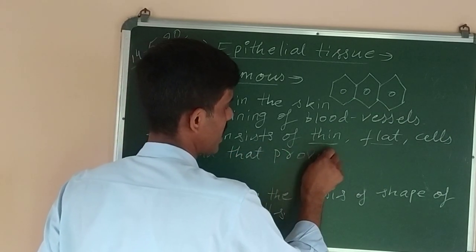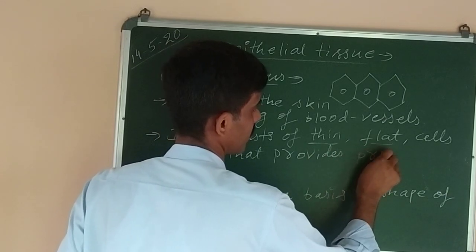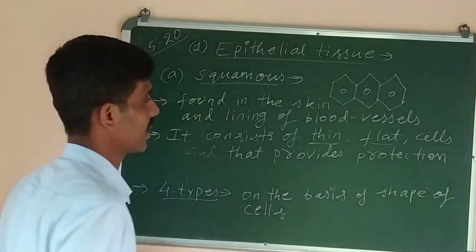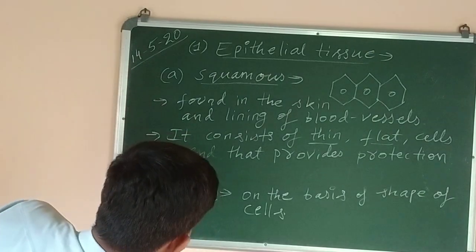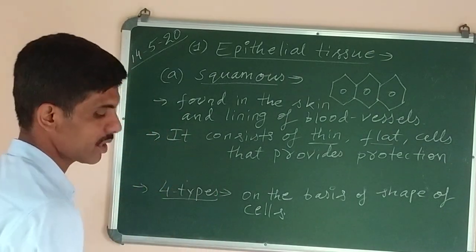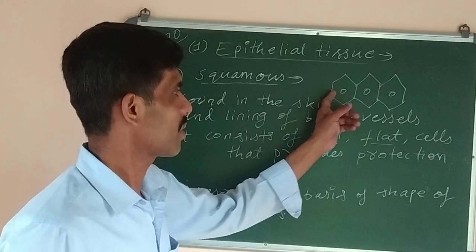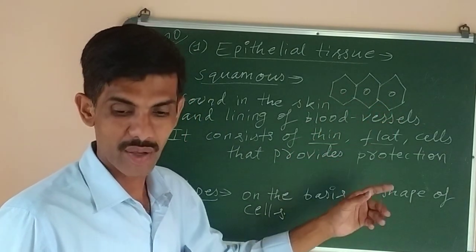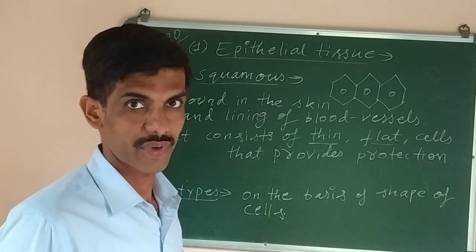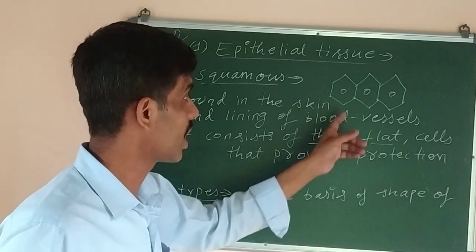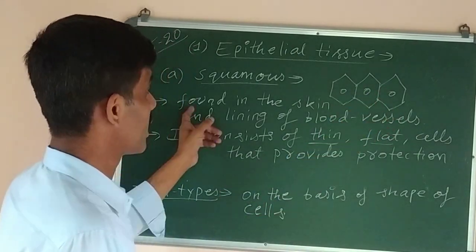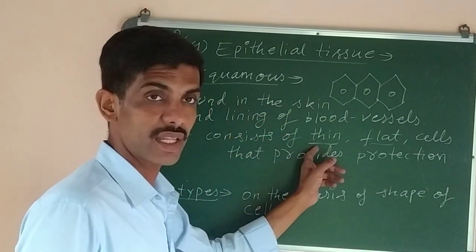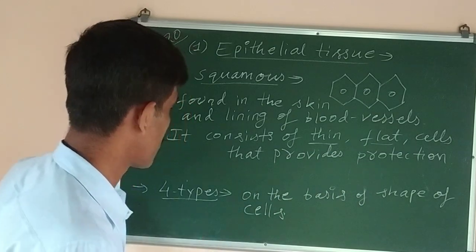So this one was the first type of epithelial tissue, that is squamous epithelial tissue. The squamous epithelial tissue is shaped like thin flat cells, hexagonal in shape. They appear like the tiles of a floor, fitted very closely to each other without any gap between them, and they are found in the skin and the lining of blood vessels. The cells are thin, they are flat, and they provide protection to our body.